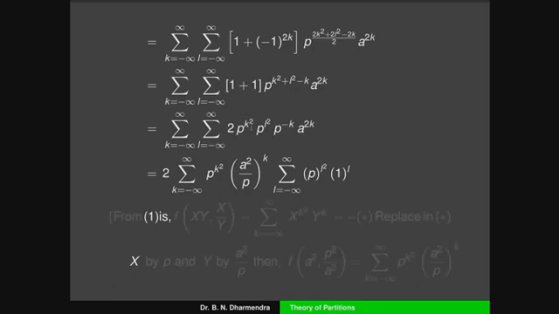You can collect the terms of k, that is p to the power of k square into a square by p whole to the power of k, because you can collect these two terms. Terms of k, that is a square by p whole to the power of k. Similarly, the next one is summation l running from minus infinity to plus infinity, p to the power of l square into 1 to the power of l, because there is only the one term of l.